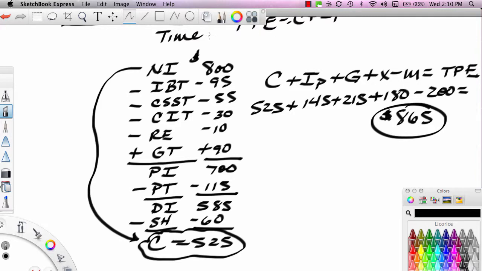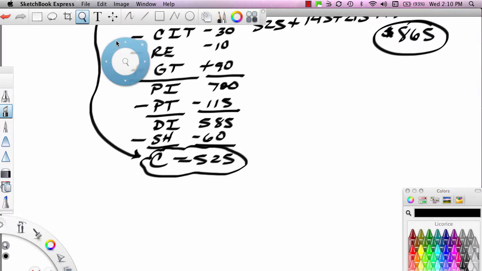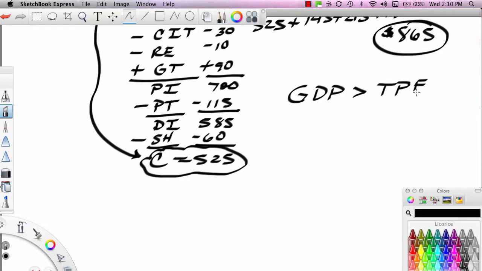Now, is this macroeconomy in equilibrium? The answer is no. Remember, equilibrium is a condition where GDP equals TPE. That is not the case. In this case, GDP is greater than TPE.